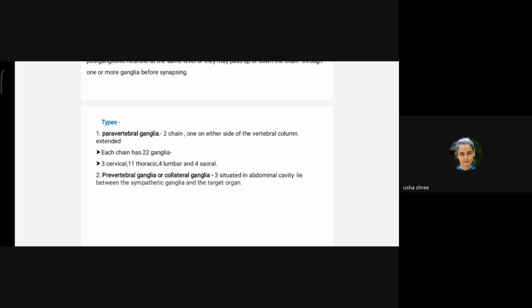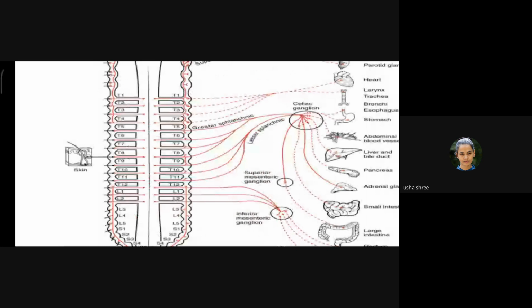Okay, so there are two types of ganglia. The paravertebral ganglia, which we have discussed, are ganglia present just behind the spinal cord or just behind the vertebral column.